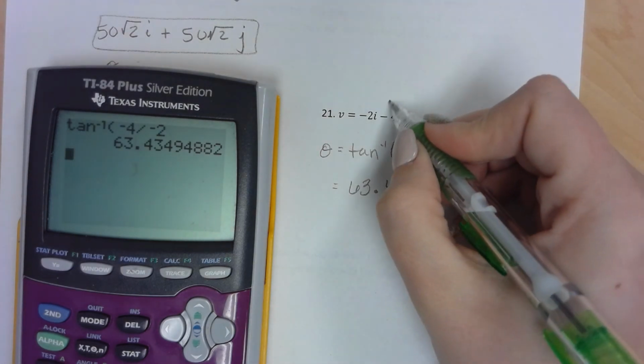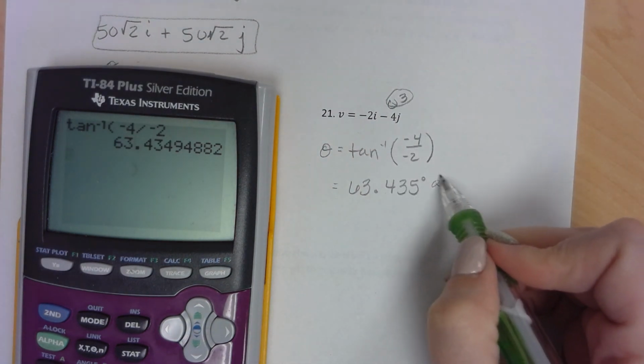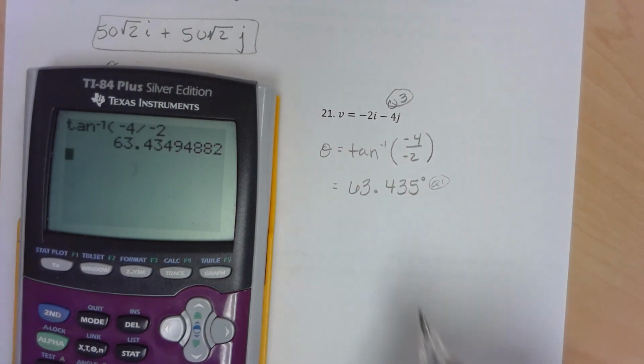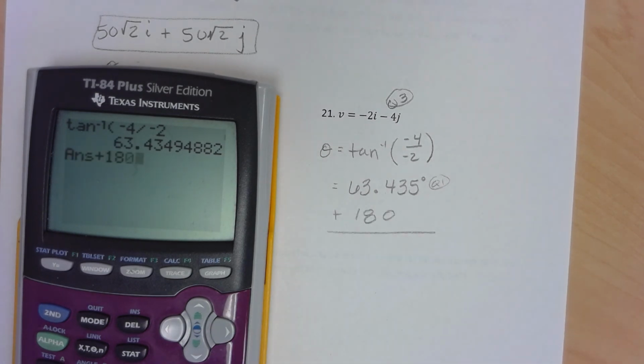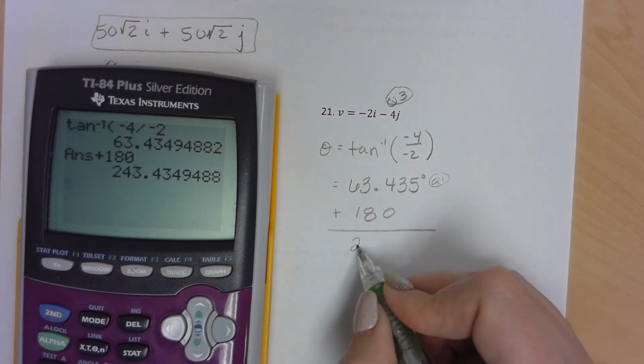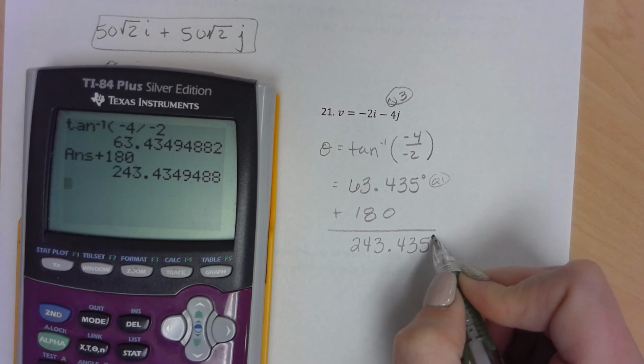However, this is in quadrant 3, and this is in quadrant 1, which means they don't match up. So remember, just like in our polars, we're going to have to add 180 here, which is going to give us 243.435 degrees.